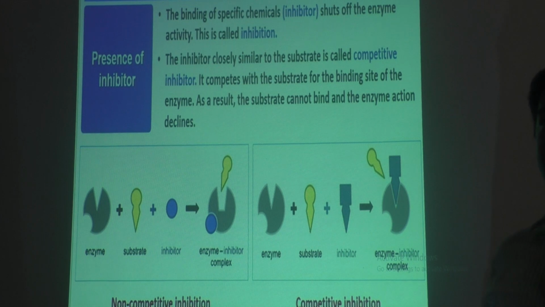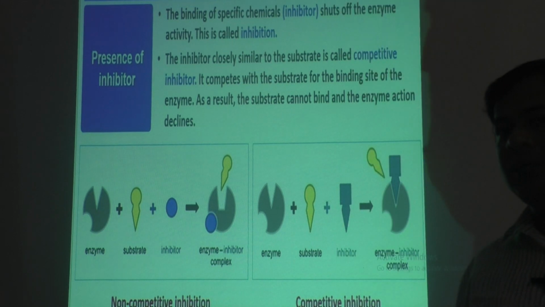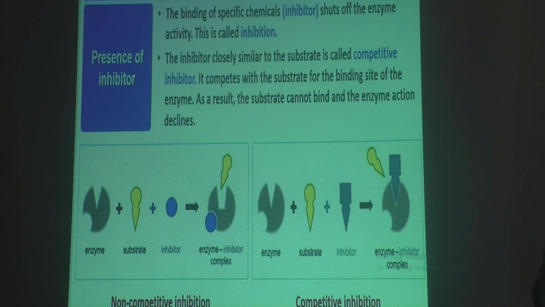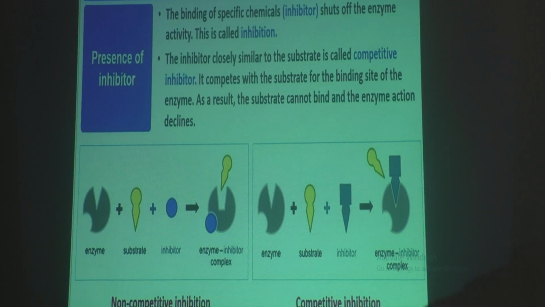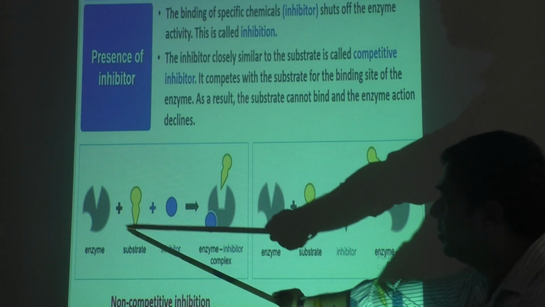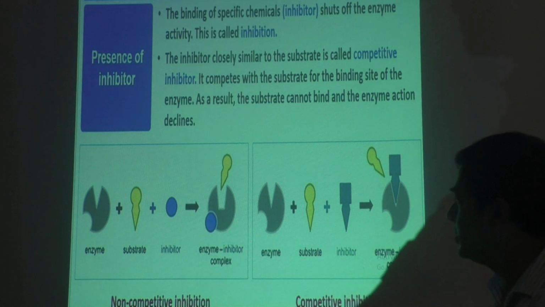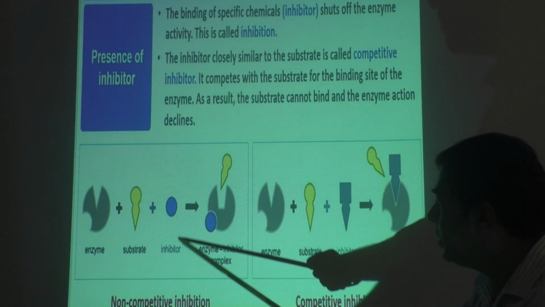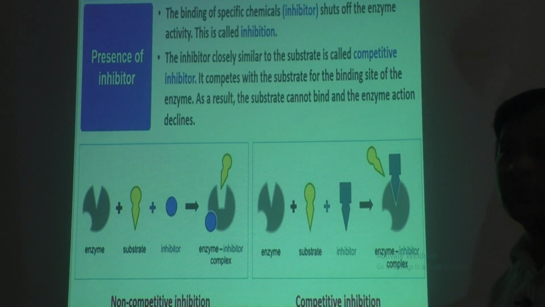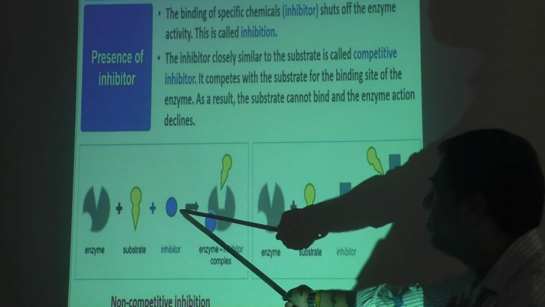Enzyme activity goes on when the enzyme binds to the substrate, and that too it should be specific. Then if an inhibitor binds, you see they are showing here, this is an enzyme and this is a substrate. When the enzyme substrate binds and the inhibitor is joining, this blue color is the inhibitor, actually it should not join, it disturbs or affects enzyme activity.